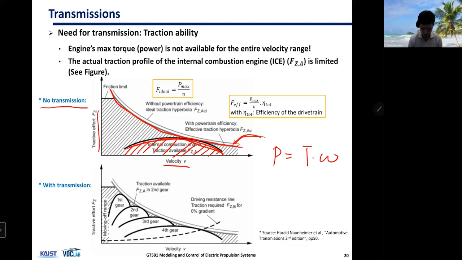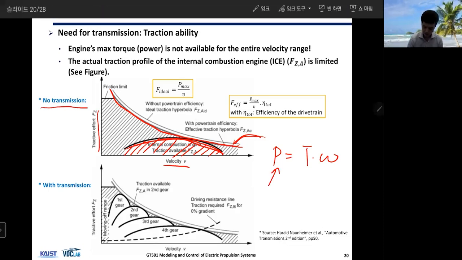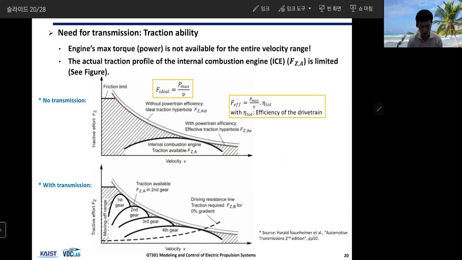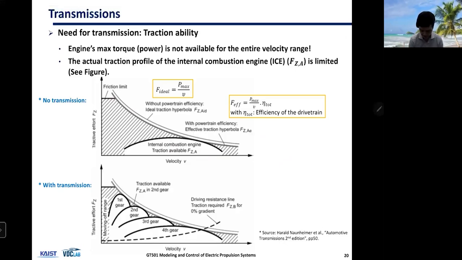So if you draw a constant power line, let's say your engine can produce 100 kilowatts, then you can draw this line for a given power, right?